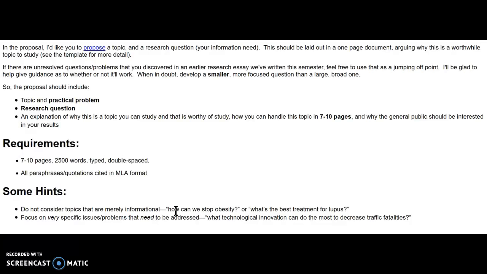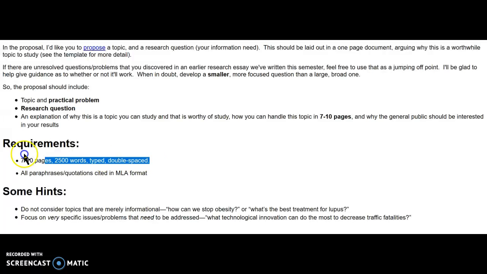What technological innovation can do the most to decrease traffic fatalities, for example. Okay? The video on the research process this week details starting with a practical problem. So that proposal should include your topic, your practical problem, and your research questions. Okay? So what's the practical problem we're dealing with here? What's the research question that you want to investigate, okay?